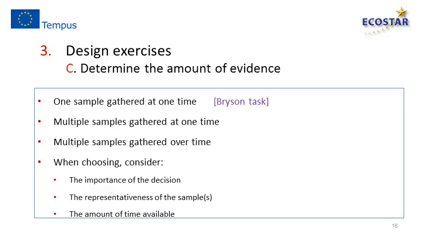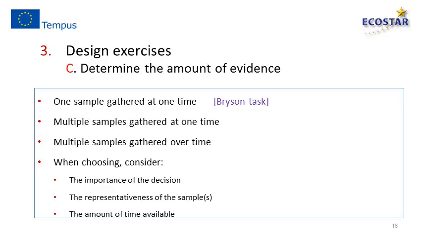The samples you have should be representative. In other words, you don't want only speaking samples because on the day of the writing assignment the student was sick. So you have to make sure your samples give you a representative picture of that student. And of course, how much time you have available to gather all this evidence, which is usually not as much as you would like.